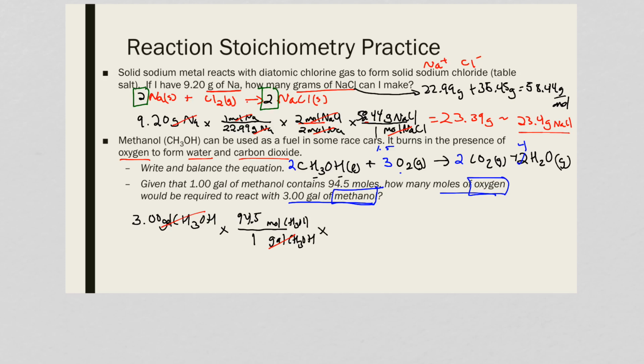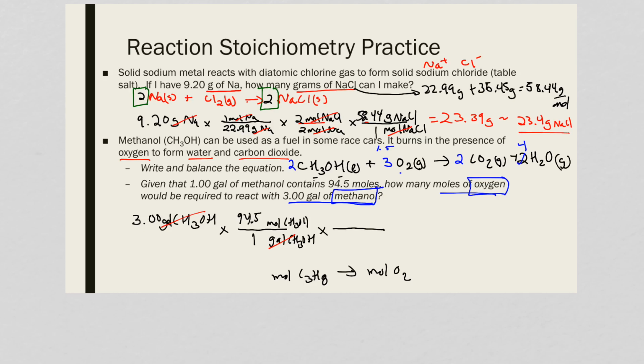And so now I can go from moles of CH3OH, I can switch into moles of oxygen, right? That's my next step. So now I'm going to go to the equation and use my ratio.